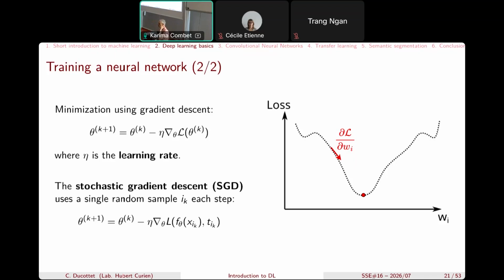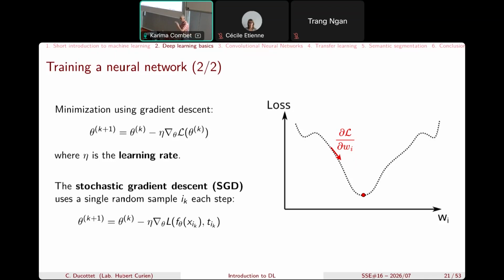We take randomly one training point, and we compute the loss and the gradient for this training point, and we modify all the weights of the neurons according to this sample. This is the stochastic gradient descent. After, we take another sample randomly, and we do it again. So at each gradient step, we choose one sample.